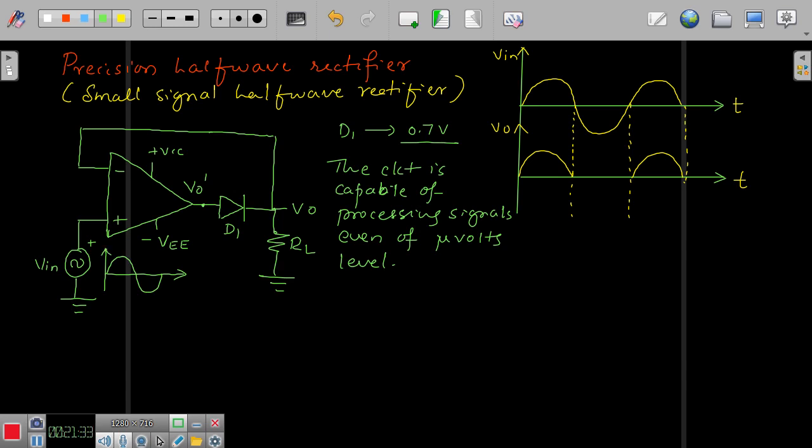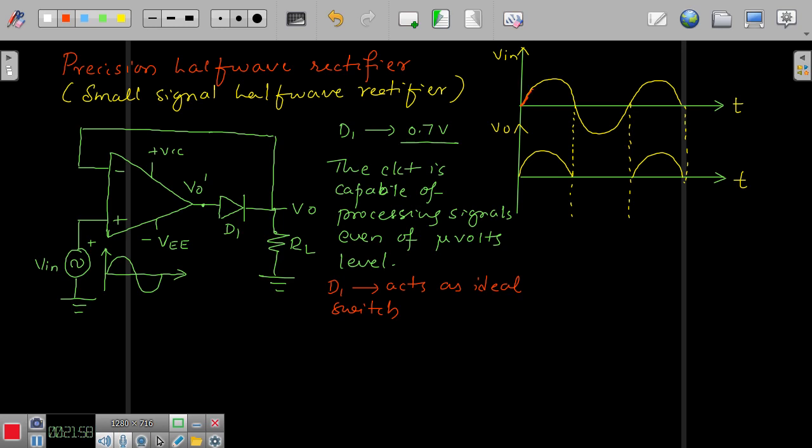So during the positive half cycle, what exactly happens? The diode basically acts as an ideal switch. The diode D1 here acts as an ideal switch, right? So now you can see here, during the positive half cycle, the input starts increasing this way, okay?